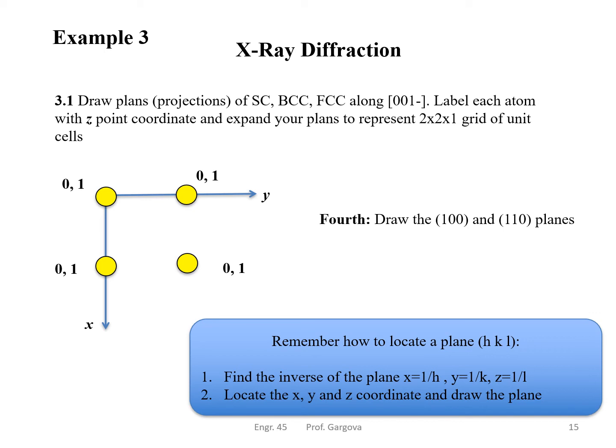So that means that X is 1 over 1, which is 1, and then Y is 1 over 0, which is infinity. So the plane has to basically touch the Y axis infinitely, and also the L is 0, so the Z axis is 1 over 0, so it always indefinitely has to touch the Z axis.